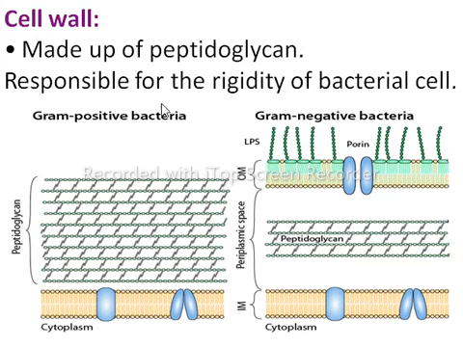Gram-positive bacteria have a thick cell wall because of multiple layers of peptidoglycan, while gram-negative bacteria have a thin cell wall because they have fewer layers of peptidoglycan, as shown in the diagram. In addition, gram-negative bacteria have another outer membrane, which is a notable difference between gram-negative and gram-positive bacteria. Because of this difference they appear in different colors after gram staining.